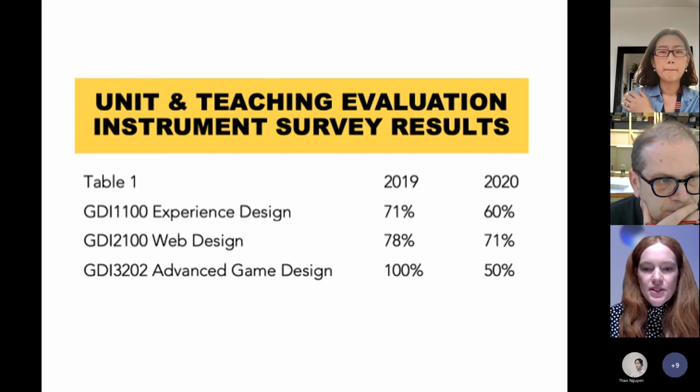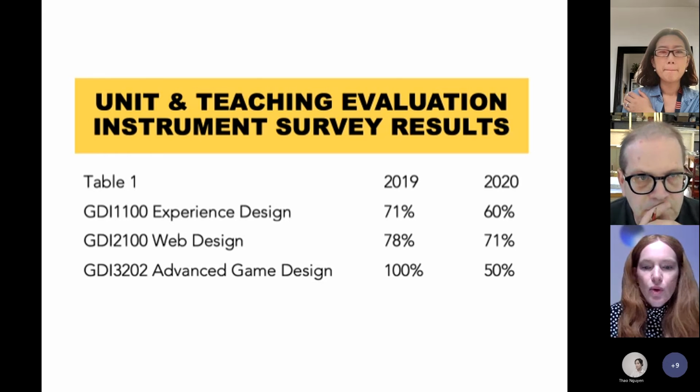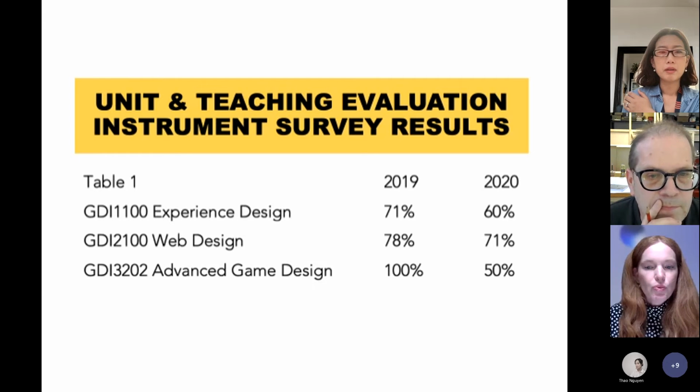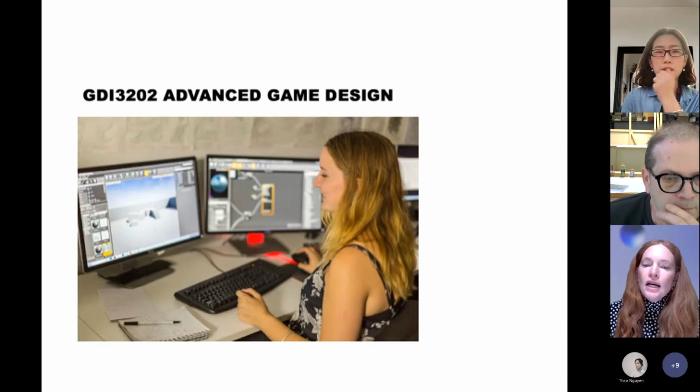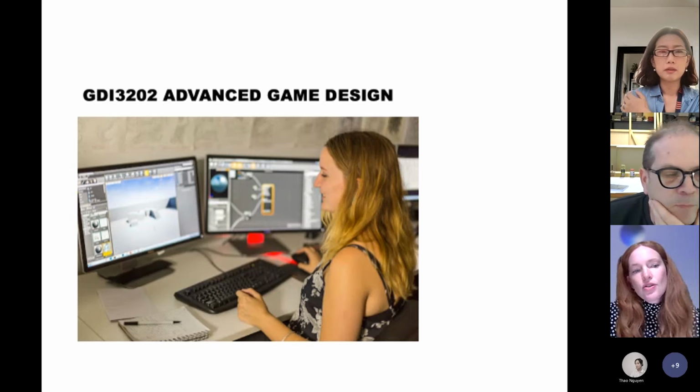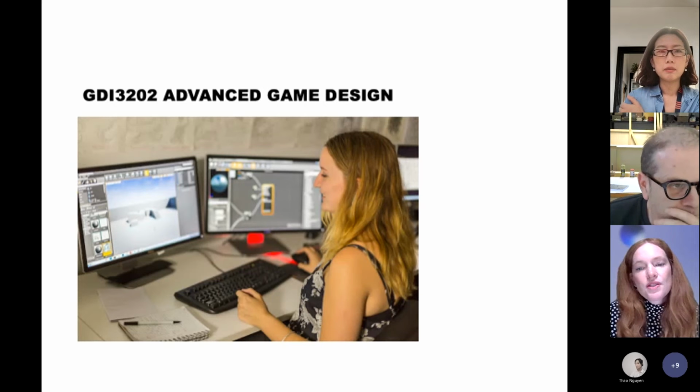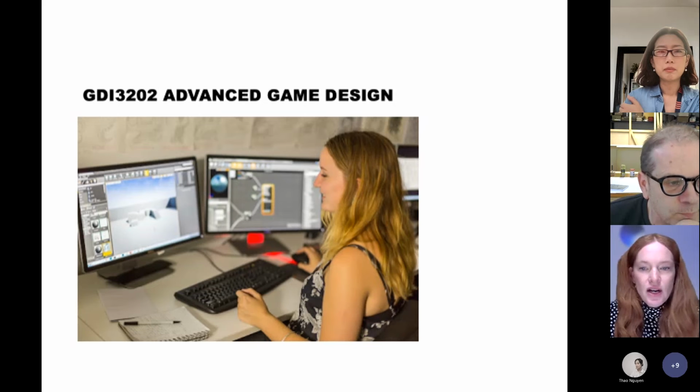So it was down, and in particular, one unit where the scores were really low was a 3rd-year game design unit called Advanced Game Design.